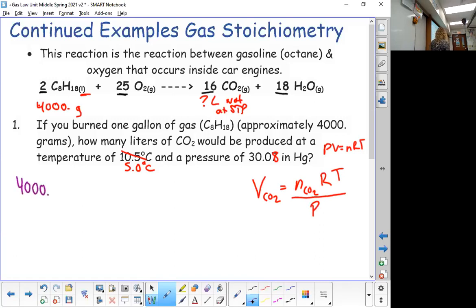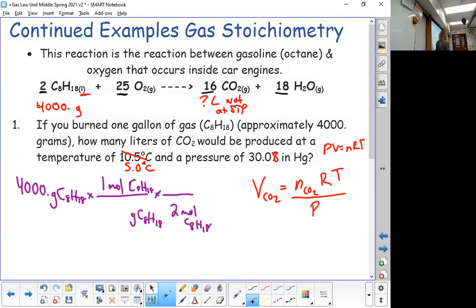So if we have 4,000 grams of octane, we need the molar mass of it: 8 carbons and 18 hydrogens. And then for every 2 moles of octane, we'll produce 16 moles of CO2.